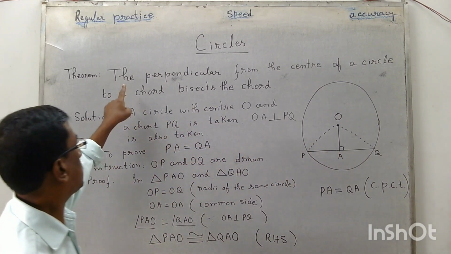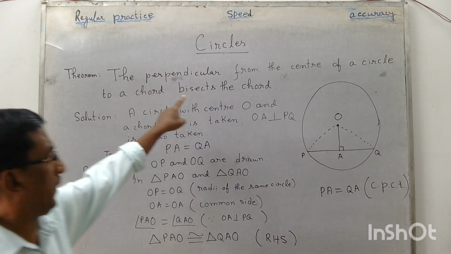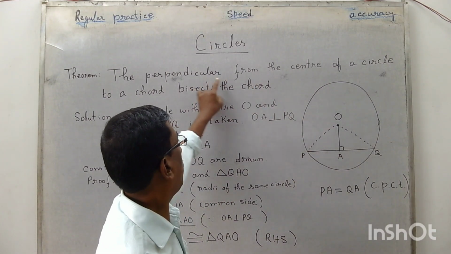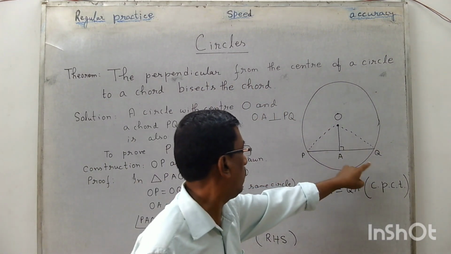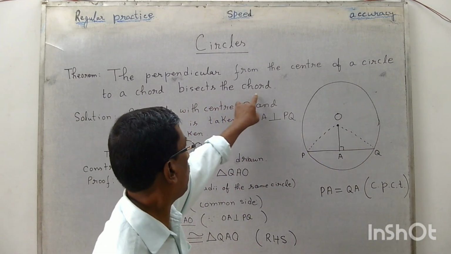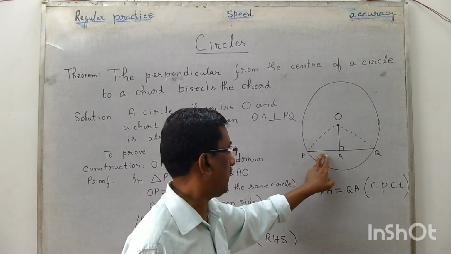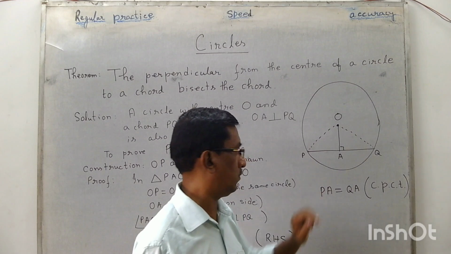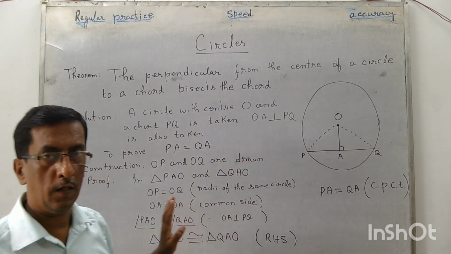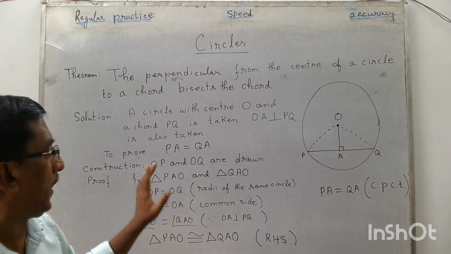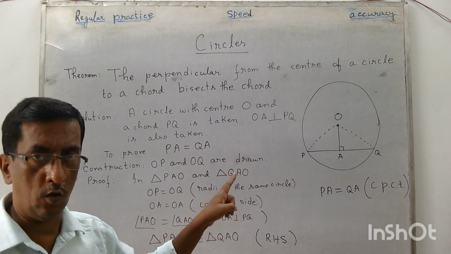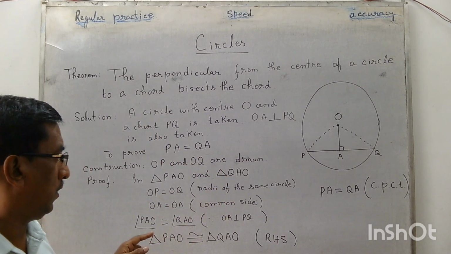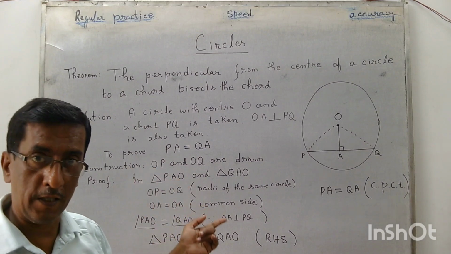So the statement here, the perpendicular, that is OA, from the center of a circle to a chord, that is PQ, bisects the chord. That means PA equals to AQ. Now it has been proved that the perpendicular has bisected the chord. Clear? Now we will go to theorem 6.